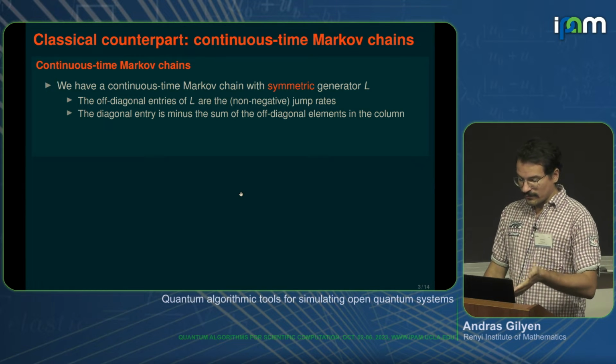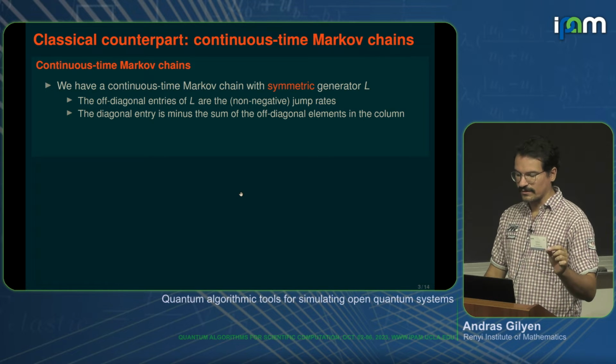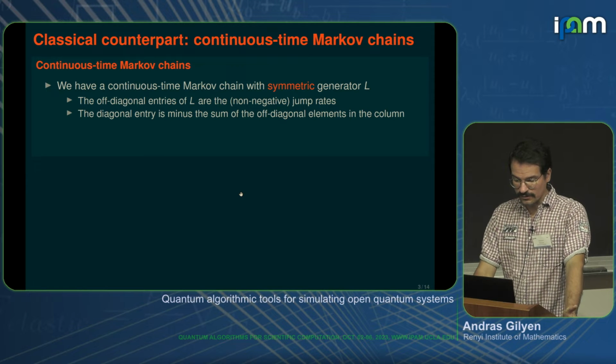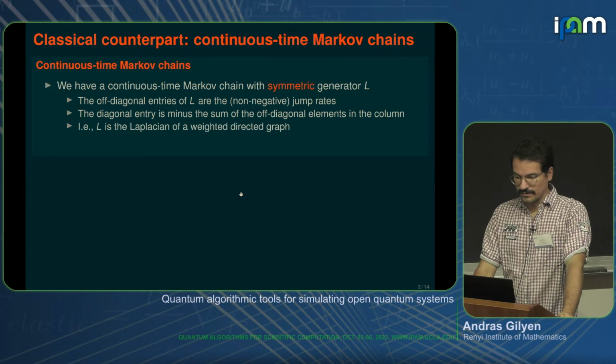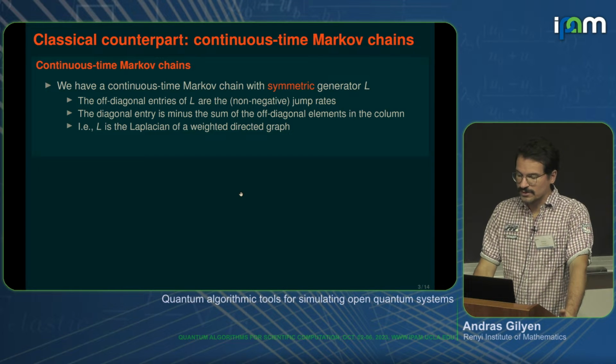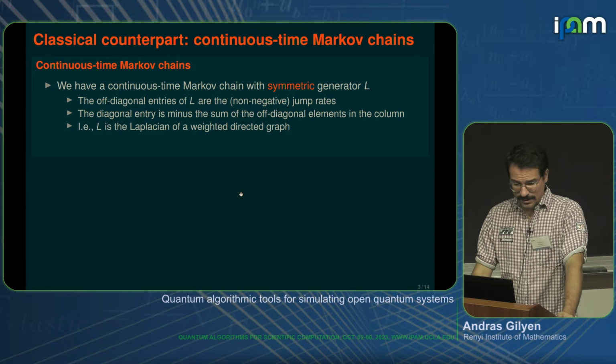If you have a matrix which satisfies this, that all of the off-diagonal entries are non-negative and the diagonal is the sum of the minus of the off-diagonal entries, then this is called a Laplacian matrix. You can describe it as a weighted graph if you wish, where the weights describe the likelihood of transitions and so on.